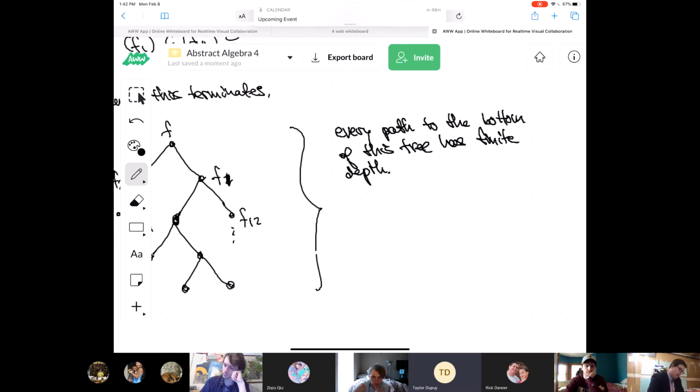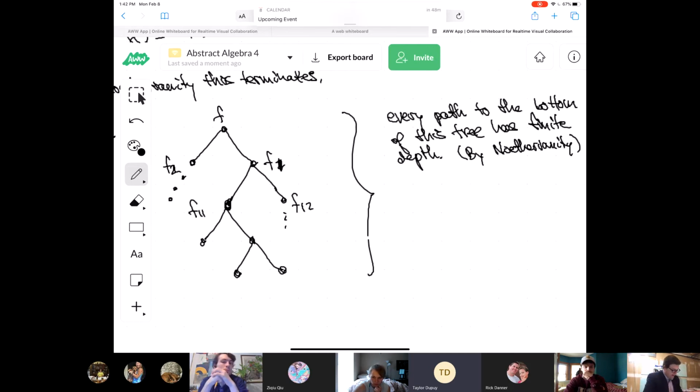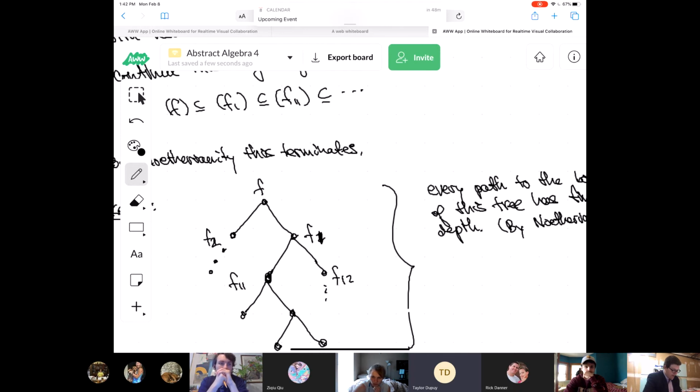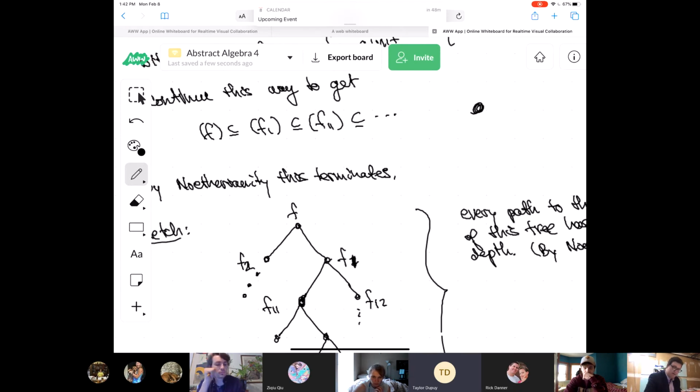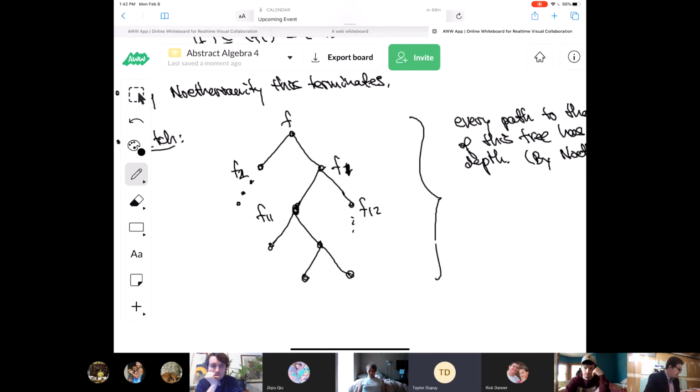This is by Noetherianity, because once you go down this tree, you get one of these chains up here, and by Noetherianity these chains have to terminate.